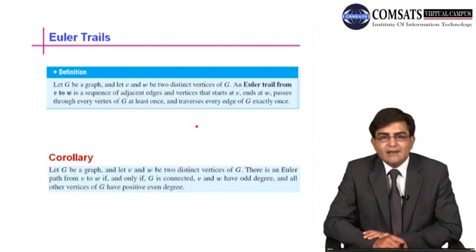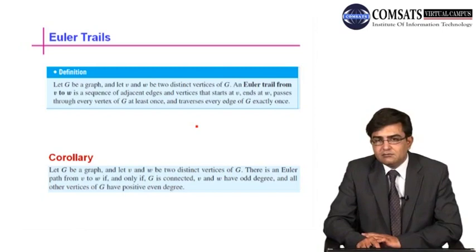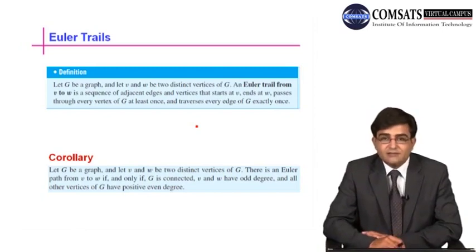So to find an Euler path from one vertex to some other vertex, the starting and ending point must be different.